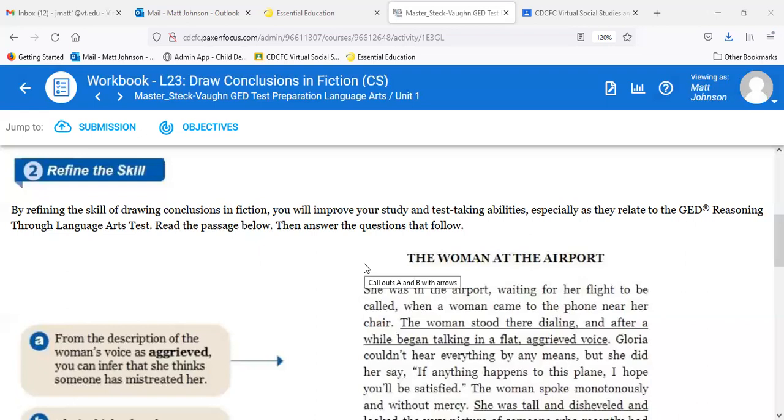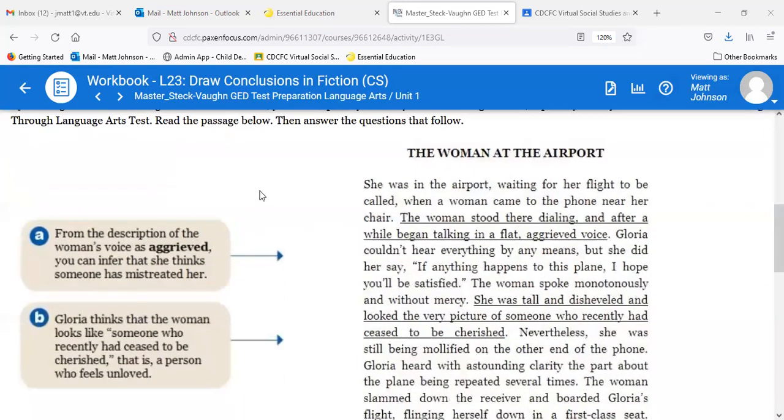The woman stood there dialing, and after a while began talking in a flat, aggrieved voice. Gloria couldn't hear everything by any means, but she did hear her say, "If anything happens to this plane, I hope you'll be satisfied."